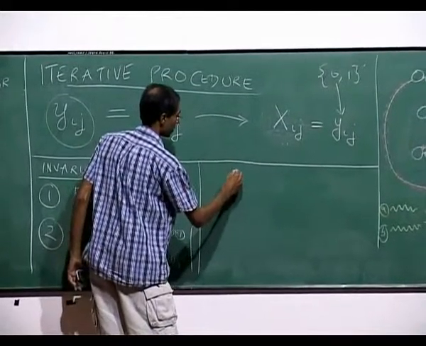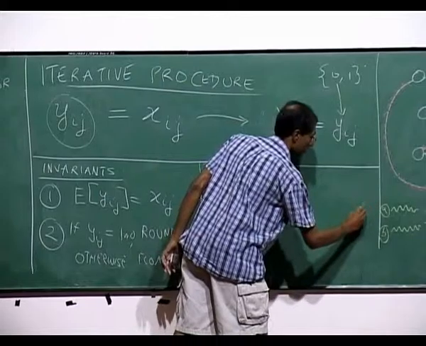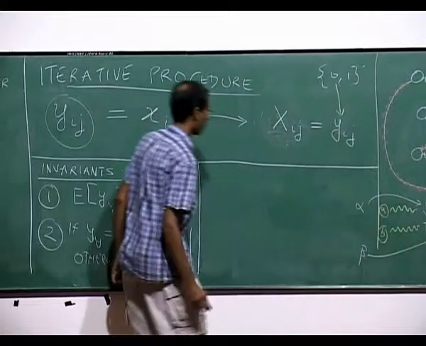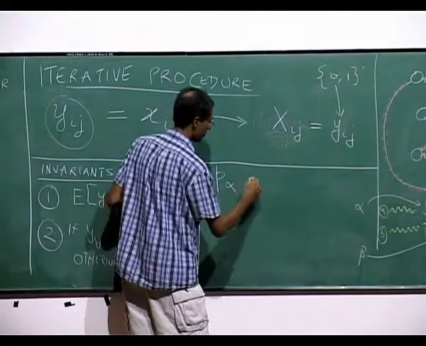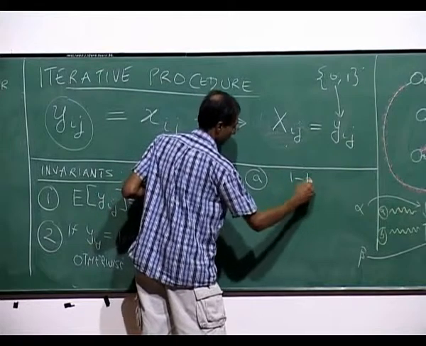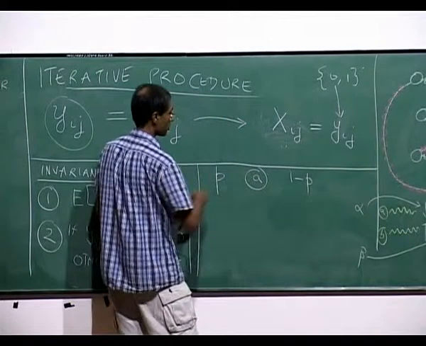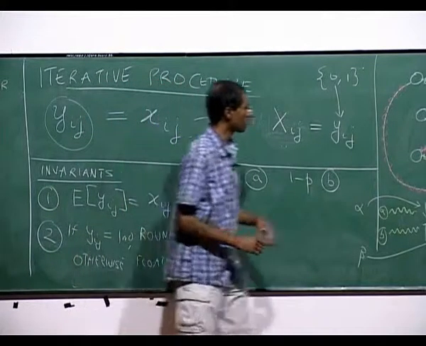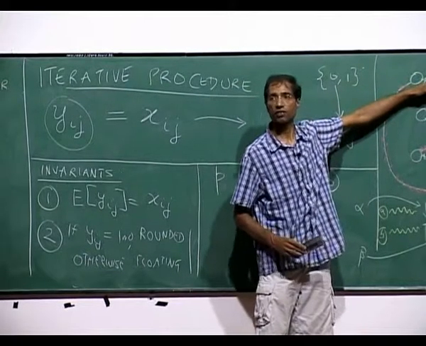So I'll find alpha and beta. Let's call this alpha, this is beta. Okay. So with probability P, I want to do A. With probability 1 minus P, I want to do B. But the expected change, what should be the expected change for each edge?